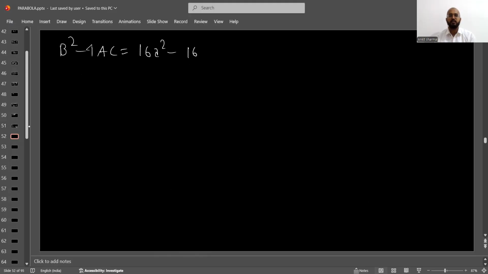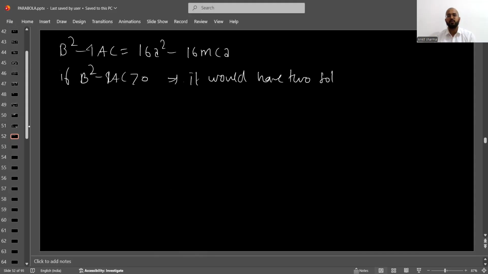So now, if b square minus 4ac is positive, it will have two solutions. If it has two solutions, this implies line L would intersect the parabola.